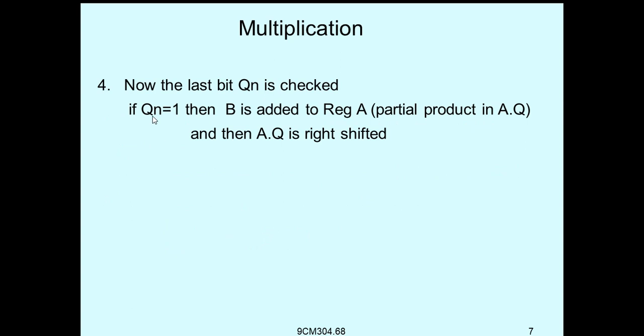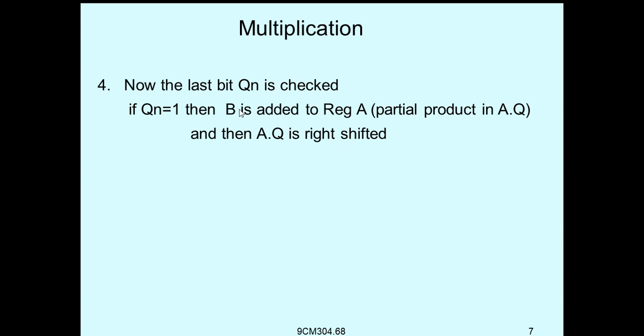If Qn equal to 1, then B is added to the register A. Register A is nothing but initially it is a partial product. And then AQ is right shifted.